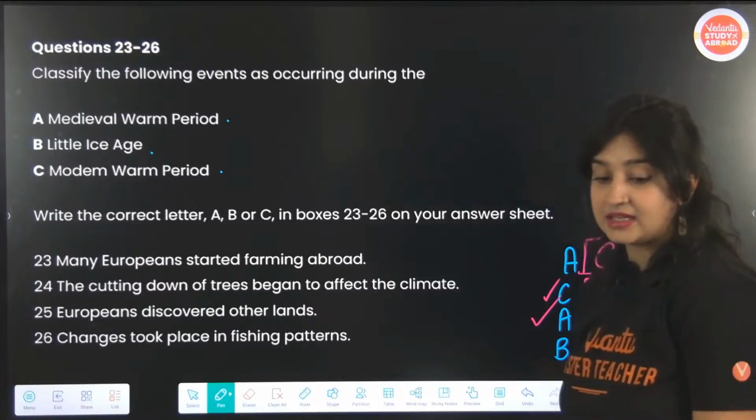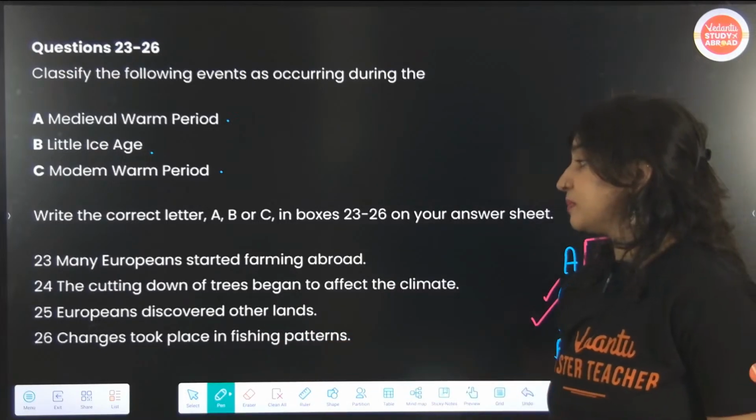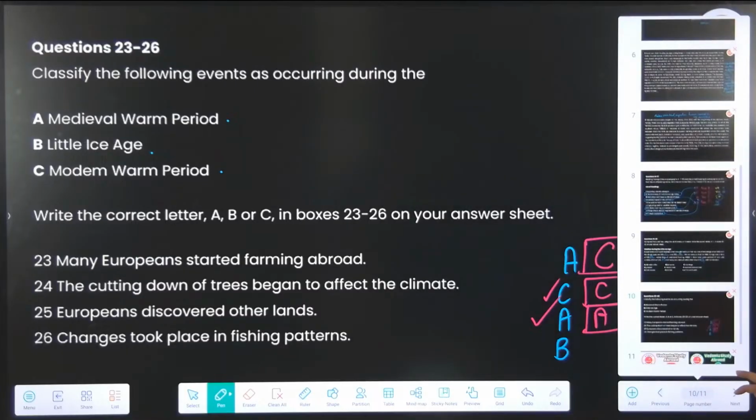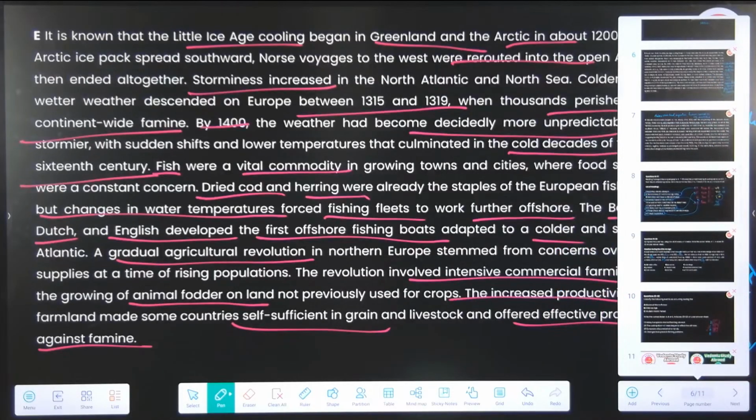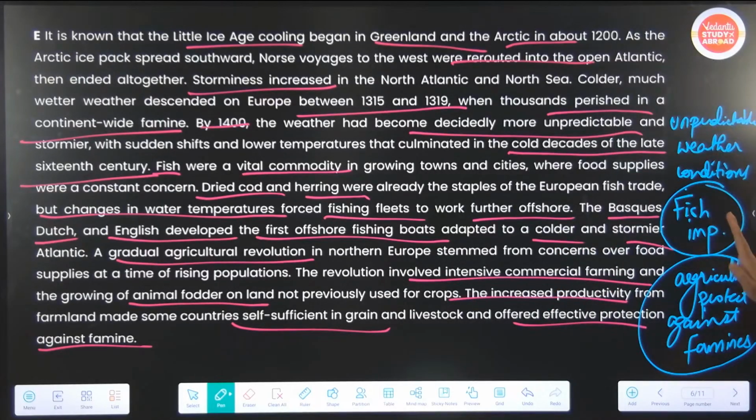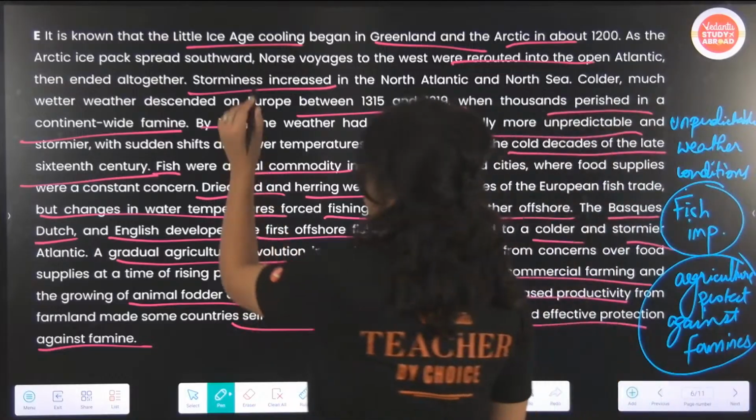And finally, changes took place in fishing patterns. This is very easy to spot. This is where fishing patterns changed. When did this happen?